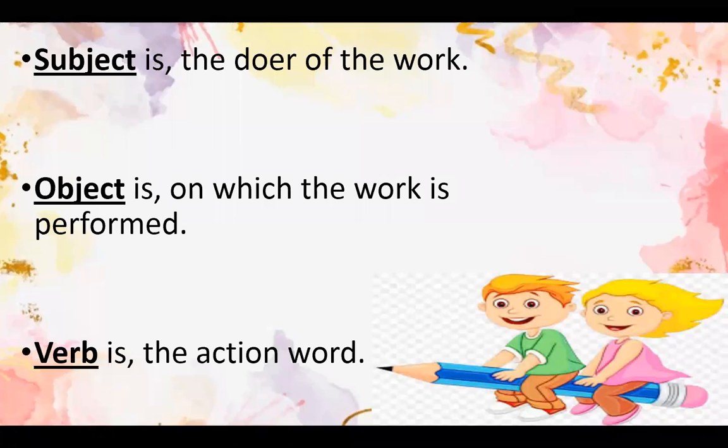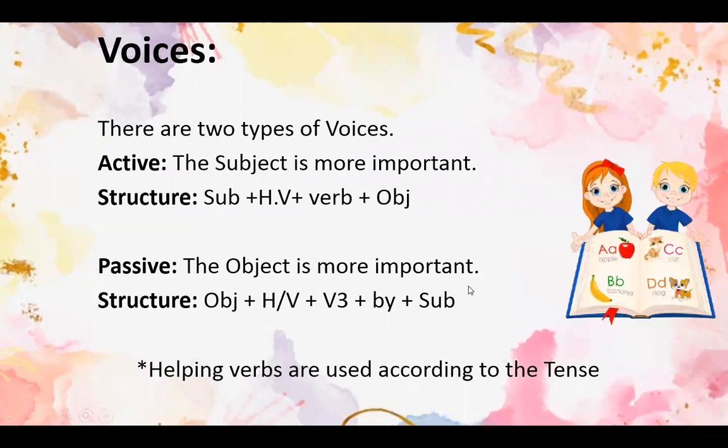So mango is object. Very good, Haya. Very good, Shanti. So subject is the doer of the work. Object is on which the work is performed. And verb is the action word. I hope it is clear to you all.